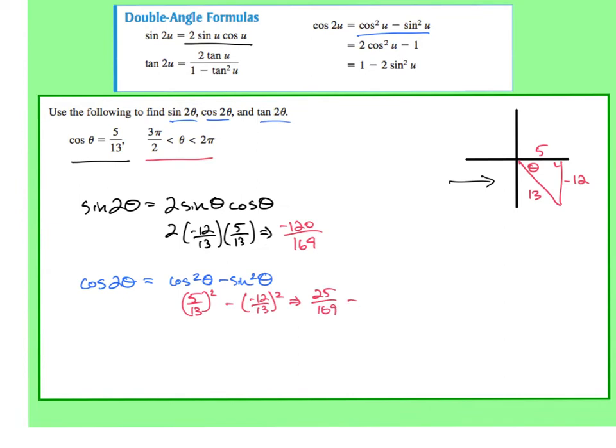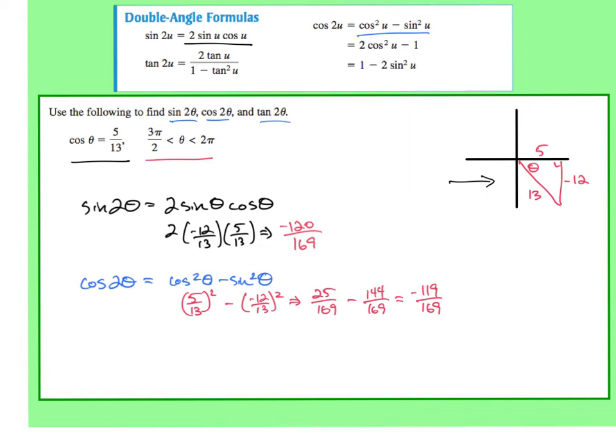And then minus, what is negative 12 over 13 quantity squared? 144 over 169. And so we have to do 25 minus 144, which is negative 119 over 169. So cosine of 2 theta is negative 119 over 169.